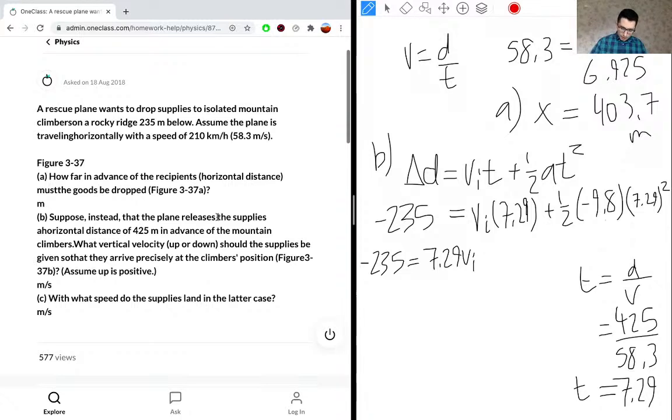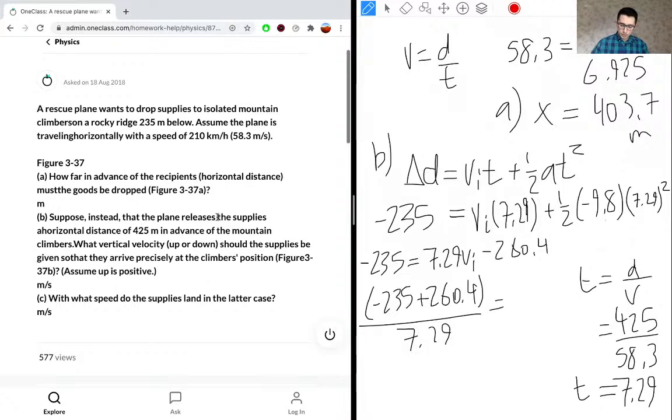That gives us negative 260.4. That means negative 235 plus 260.4 divided by 7.29 equals VI. So this is just algebra that we did. We took the 260 to the other side, and then we divided by 7.29 to isolate for VI.